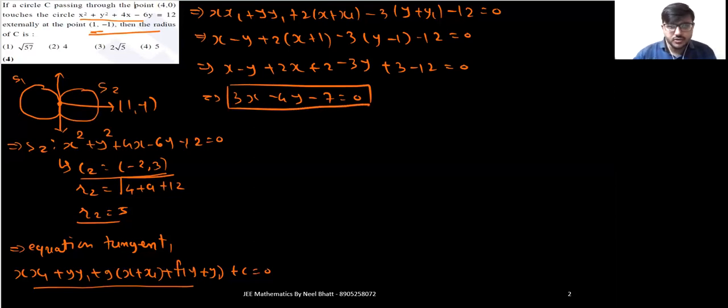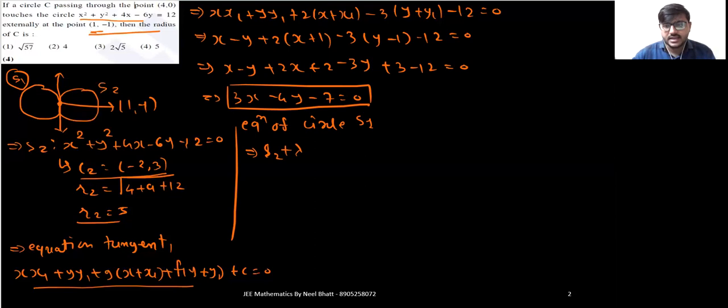Now let us find out the equation of circle S1. Equation of circle S1 can be written as S2 plus lambda into the line, let's say this line is L. So S2 plus lambda L equals to 0.